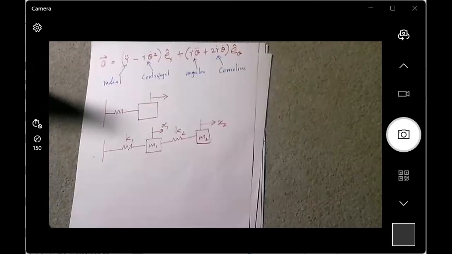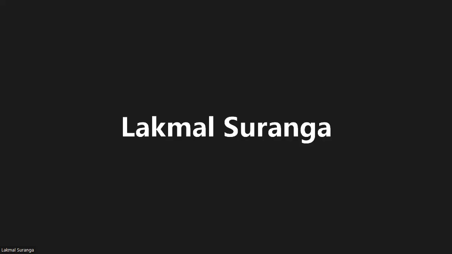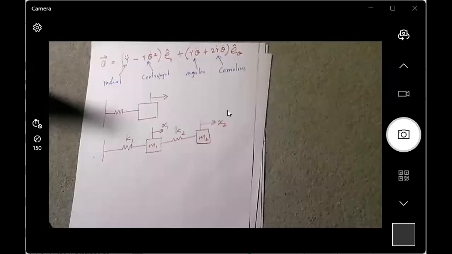Definitely our arm cannot show any translations because it is not going to move away from your body. It only shows rotations, right? So I was asking you how many degrees of freedom you can have on your arm.